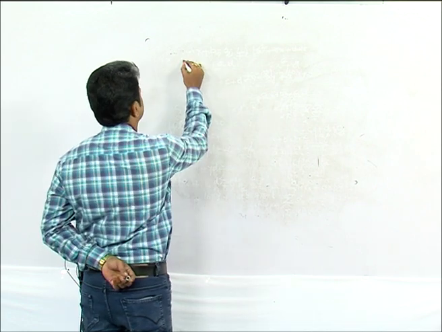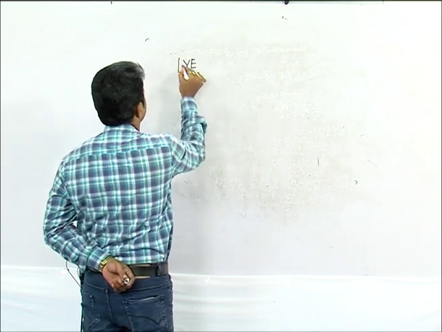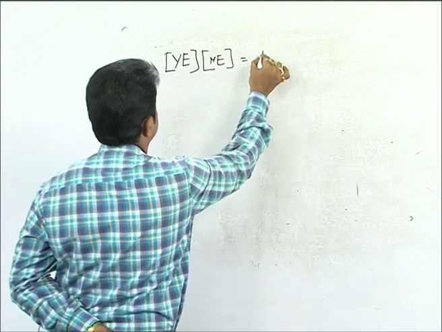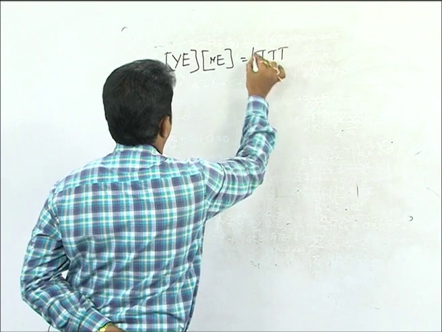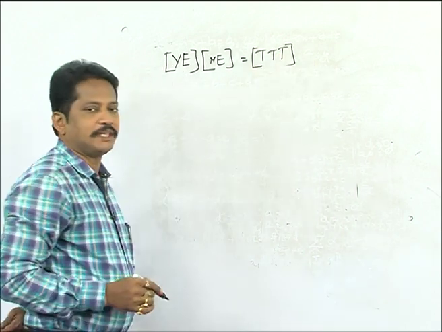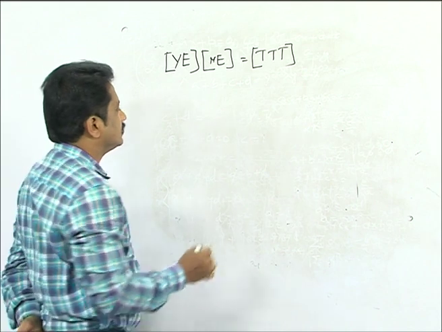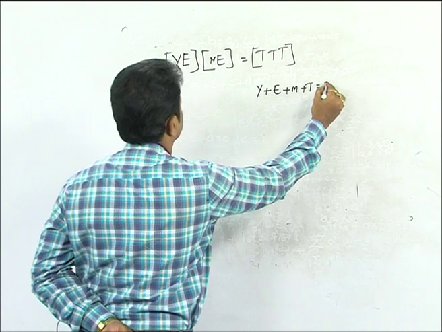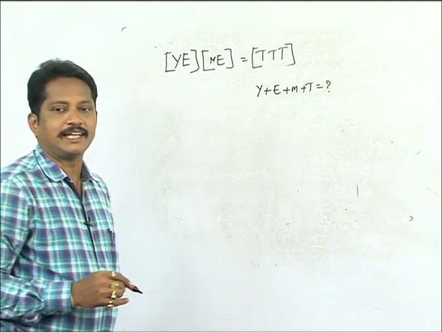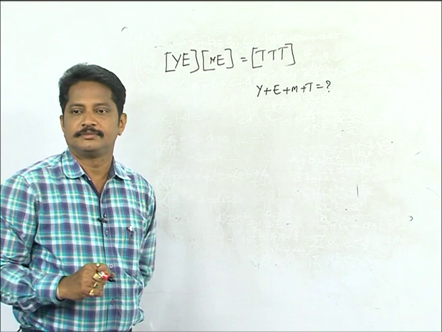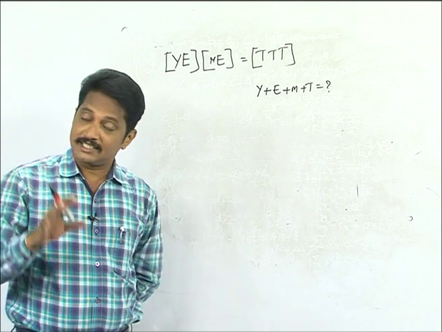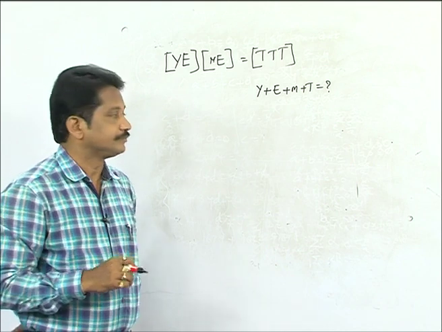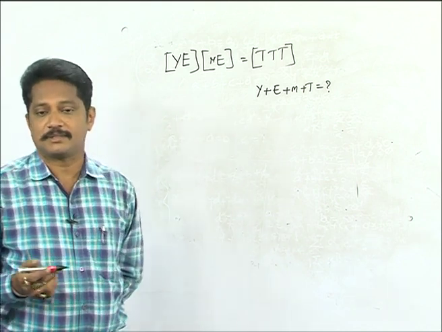It says YE into ME is equal to triple T. YE into ME equal to triple T, then find the value of Y plus E plus M plus T. This is the question, where YE is a 2-digit number, ME is a 2-digit number, and triple T is a 3-digit number. Then you have to find the value of Y plus E plus M plus T.